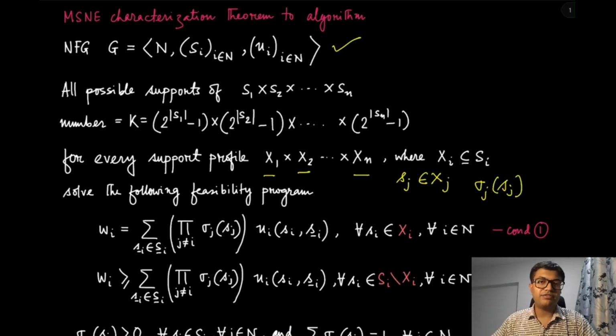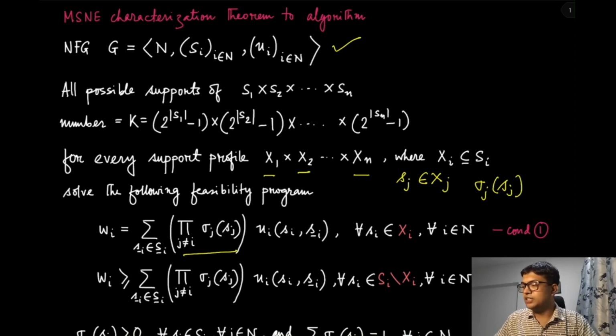Now, the characterization theorem we have seen in the previous module says that for all the strategies which are in the support for this player, the expected utility for this player will be the same. So we are here looking at player i. For player i, all the other players, that is j not equal to i, we are multiplying their probabilities of picking their respective strategies.